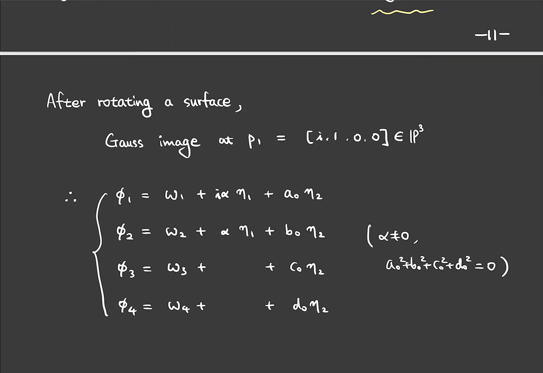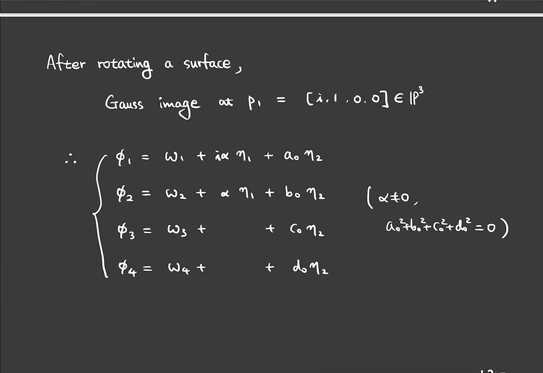Now, after rotating the surface, we may assume that the Gauss image at P1 is equal to (i, 1, 0, 0) in P3. So in the end, we have the following expression.